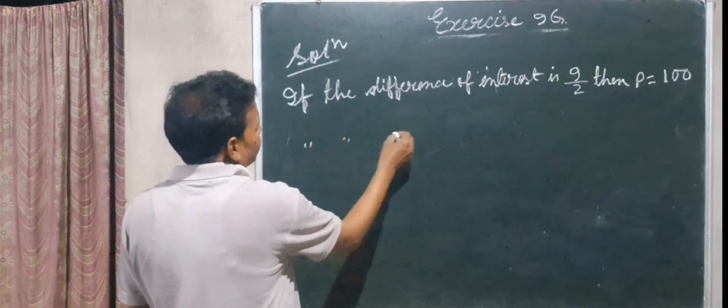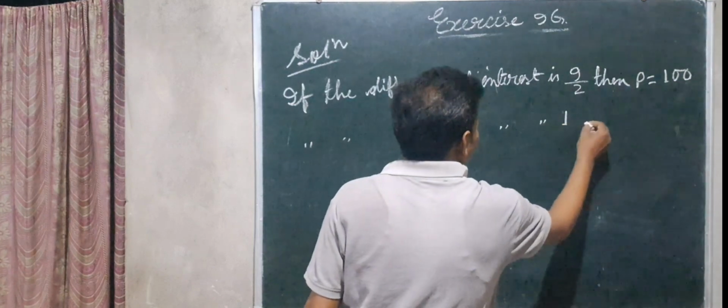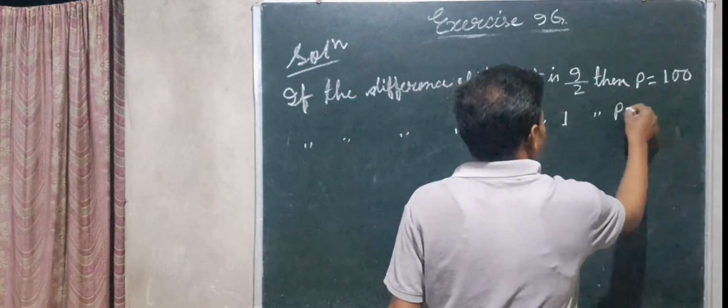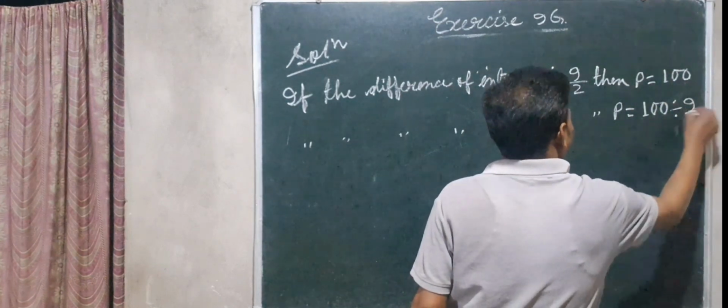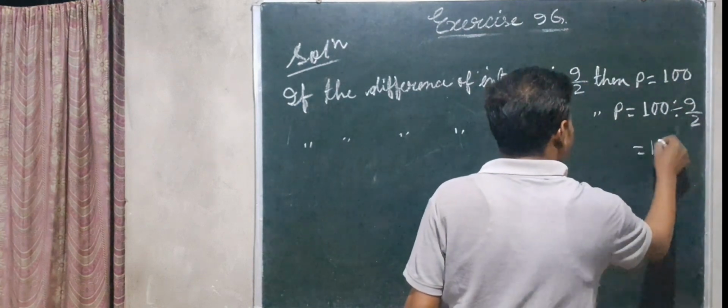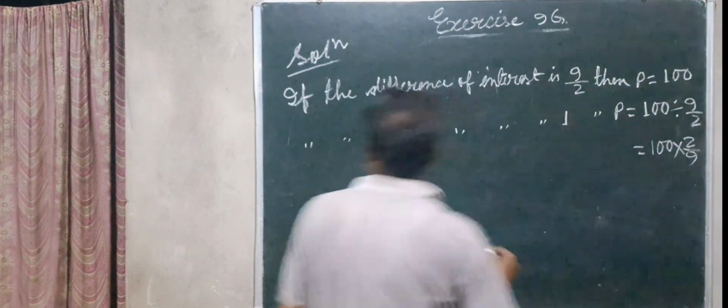If the difference of interest is 1, then P equals 100 divided by 9/2. It will ultimately be 100 multiplied by 2/9.